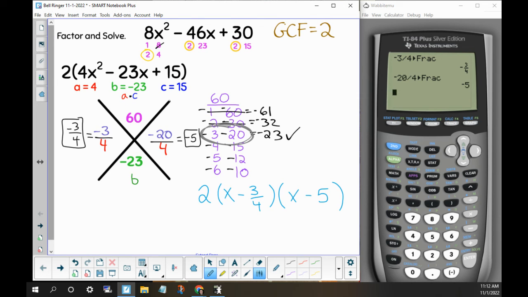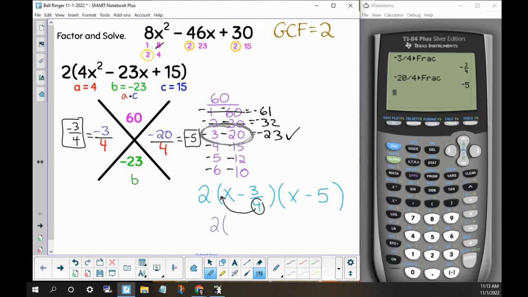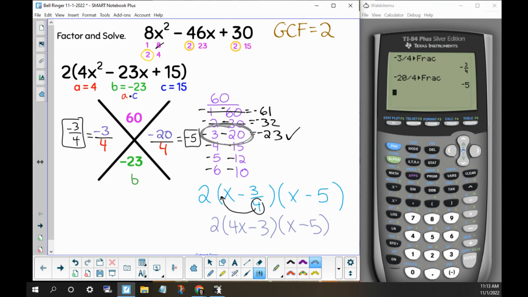No, you can't. You got to bring the bottom of that fraction to the front. So what that will now look like is 2 times (4x minus 3) times (x minus 5). This right here is your factor form.